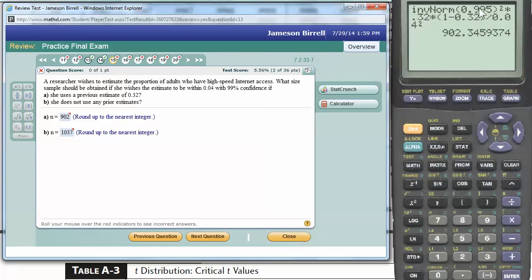I had to split alpha. Alpha's 1%, so I used a left area of 99.5%, squared that, multiplied by 32%, and then did the complement, q hat, 1 minus 0.32. Then I divided by the margin of error and squared, and I got that number. So I don't know what I was doing on the calculator earlier.